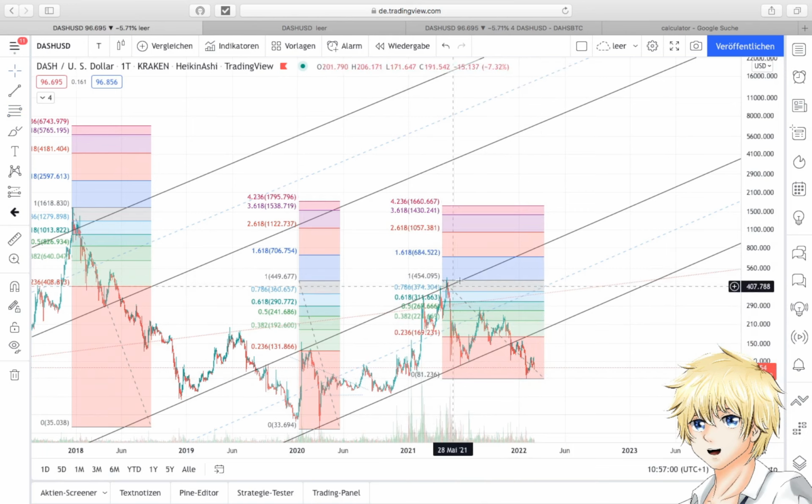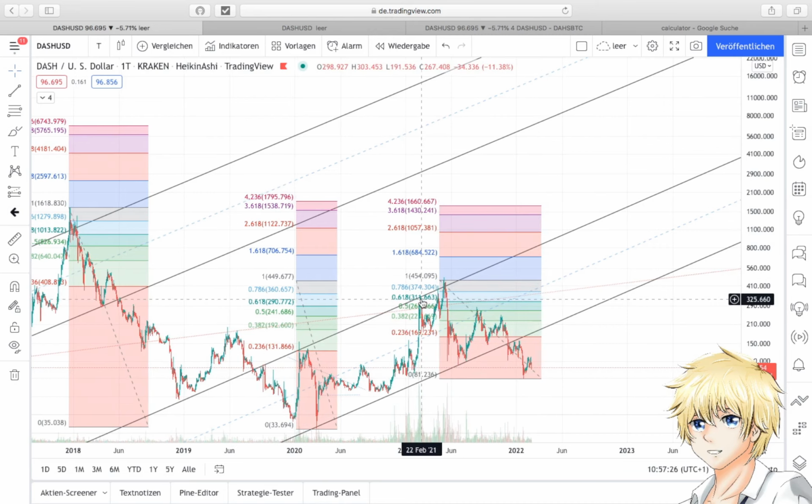If the 1 is here at $450 and the bottom is here at $80, then we see the top comes in here at the 4.236 Fibonacci level, and this coincides nicely with these measurements and with the top of the last bull run. Yeah, so that makes me believe Dash against dollar is a chart respecting Fibonacci levels quite nicely.